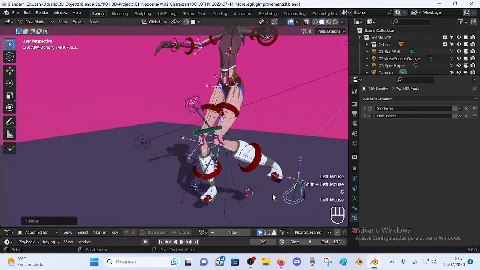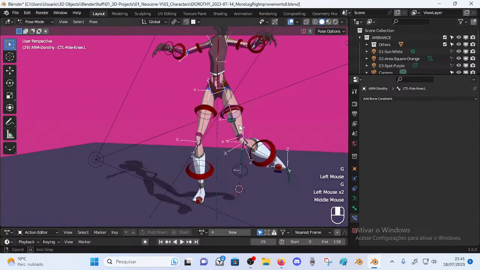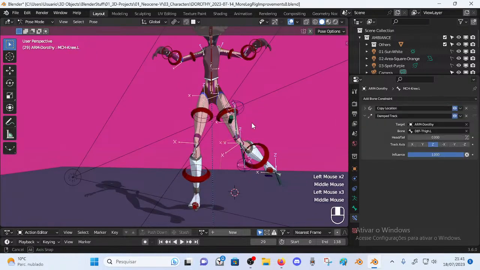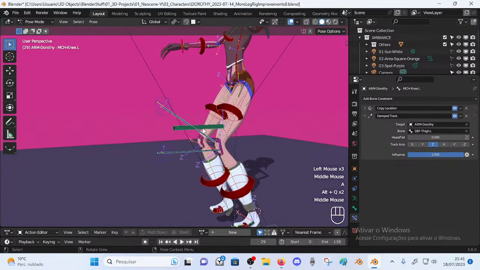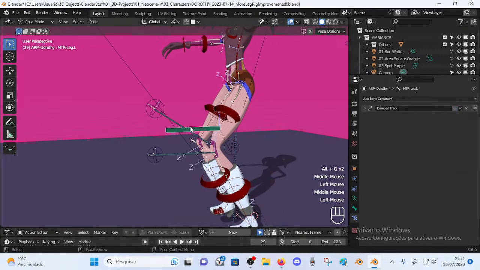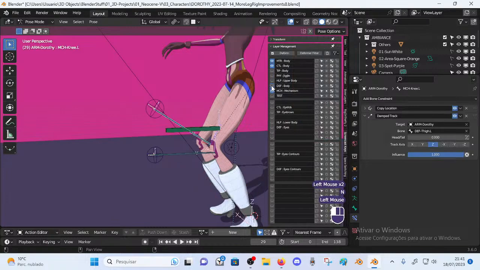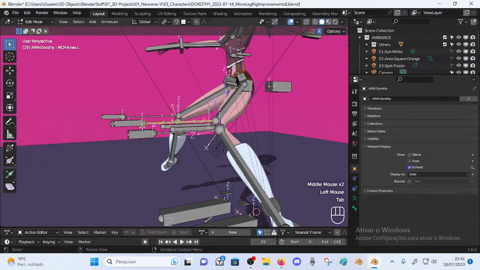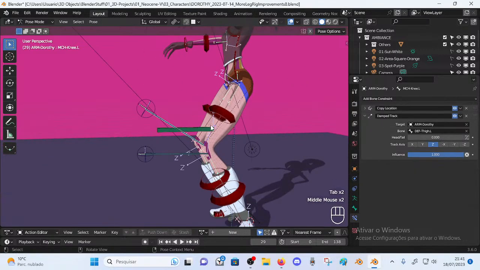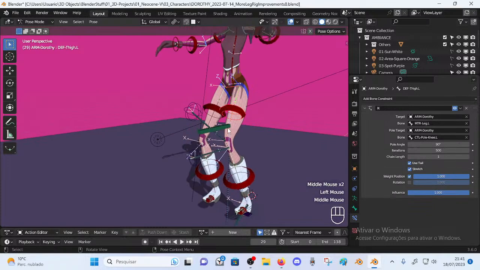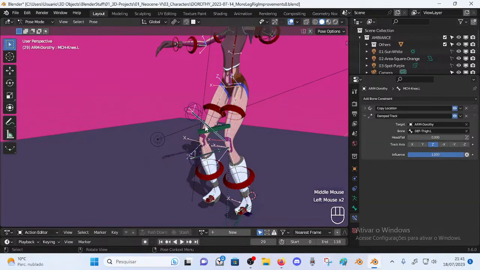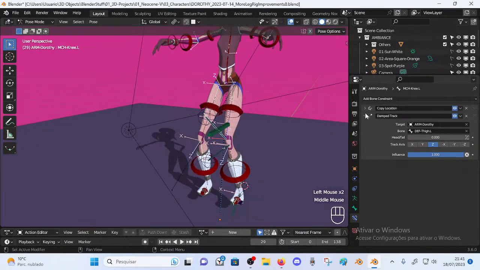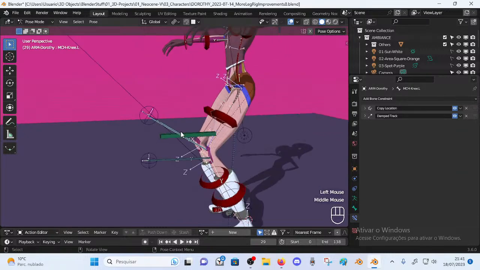So this helps keep this whole contraption in place as I pose the bone. Of course, we don't have to be looking at these things while working. I can augment this, but it doesn't matter now. It's optional.